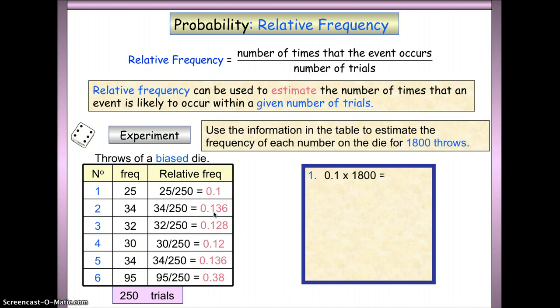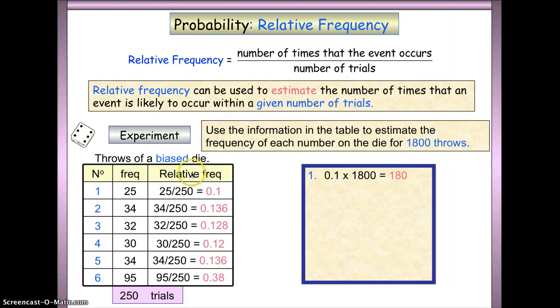So, how do you know that upon 1,800 throws, 1 will appear 180 times? Because 1 has a probability of 10% or 0.1. So 0.1 multiplied by 1,800 is equal to 180. For number 2, in 1,800 throws, how many times will it appear?